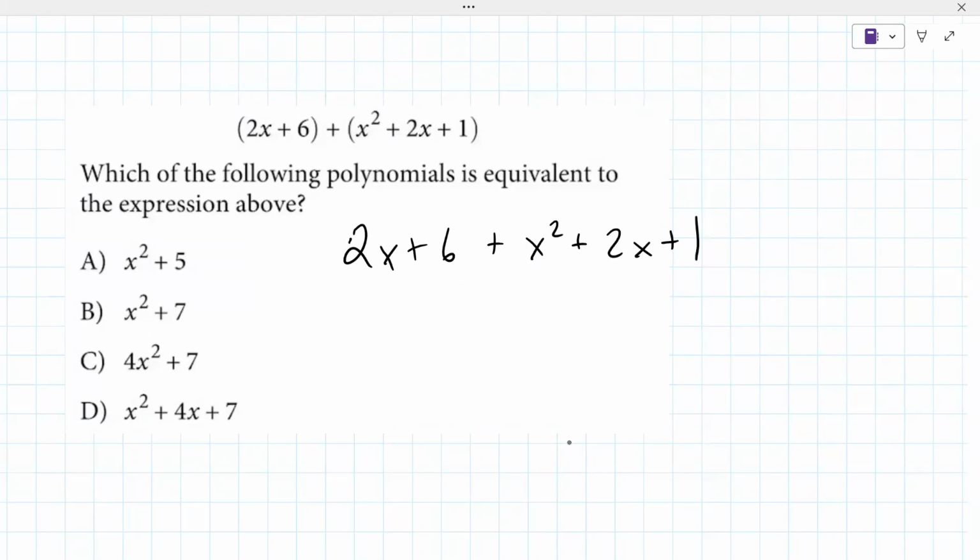So what do they add up to? 4x. Okay, what else can combine?